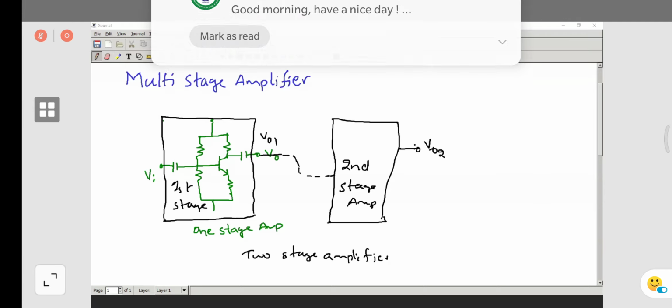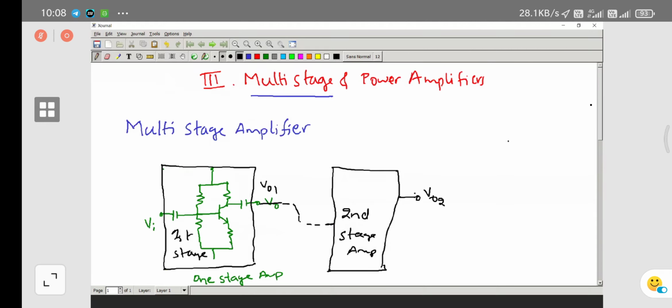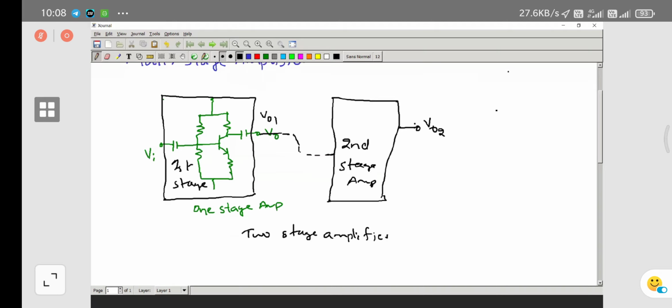So here, if I want more gain, like if I want more sound, then we are going to use a number of stage amplifiers. For example, for a particular amplifier the available gain is 10, but the customer's required gain is 100.